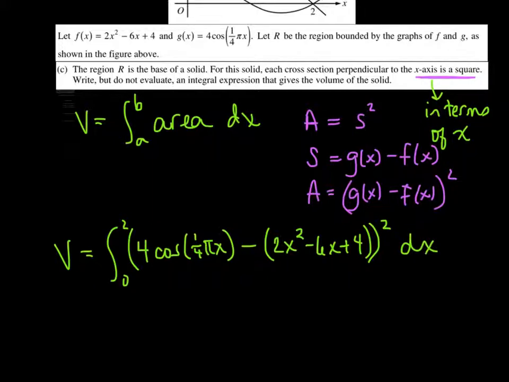All right, and that was worth 2 points: 1 point for the integrand, 1 point for the limits. Okay, so let's go ahead and move on to the next question.